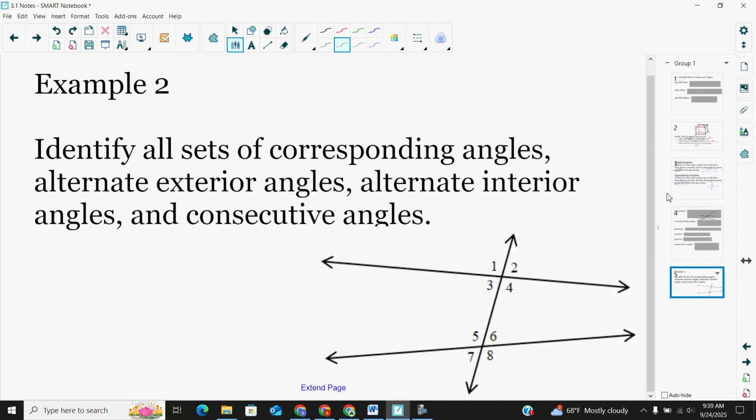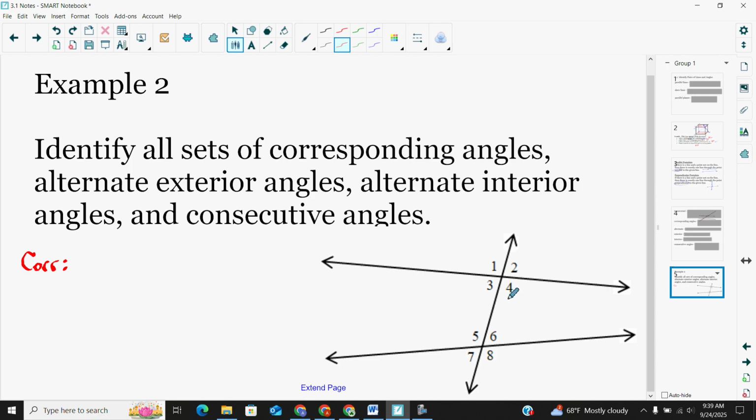Example 2 asks us to identify all sets of corresponding angles, alternate exterior angles, alternate interior angles, and consecutive angles. So corresponding means in the same spot relative to the transversal. So we've got 1, 2, 3, 4, 5, 6, 7, 8. Two lines.